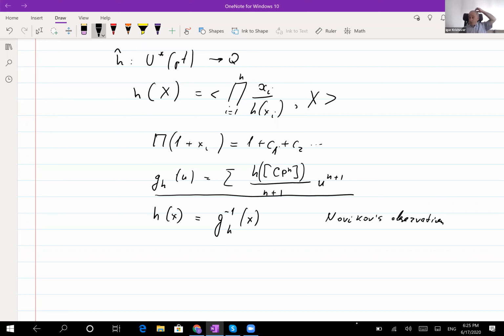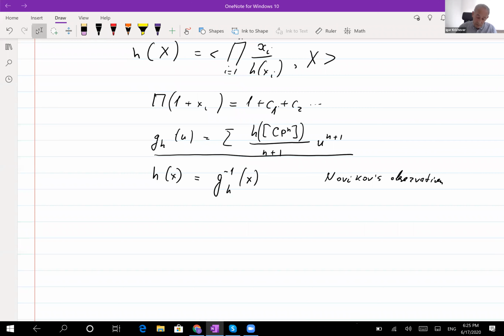So this is the general definition of rational Hirzebruch genera. All classical genera are obtained in this way. Later, maybe I'll talk a little bit about the third genus, signature of the manifold, and the A-hat genus for spin manifolds.